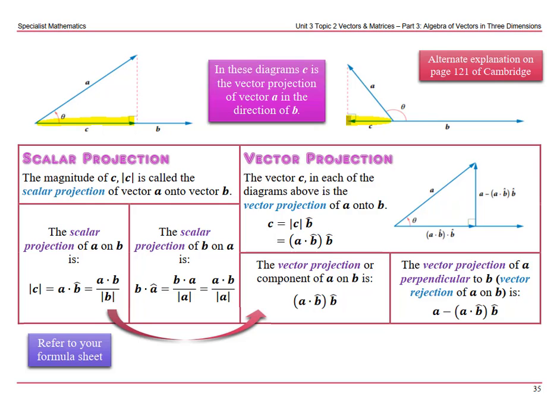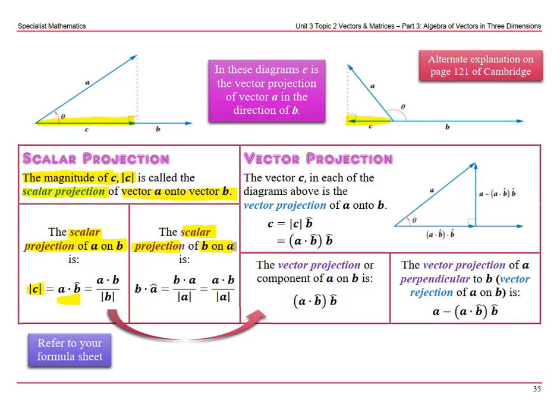Our scalar projection, the magnitude of C, also called the modulus of C, is called the scalar projection of vector A on vector B. The other way to think about it is the dot product between A and the unit vector B, which can be written as the dot product of A and B over the magnitude of B.